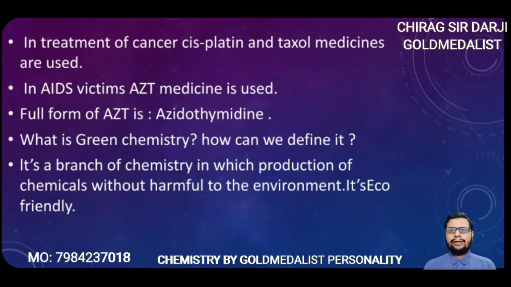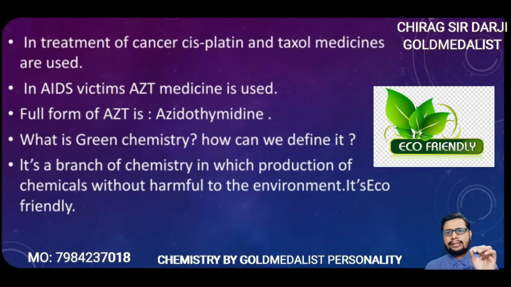Now next point is green chemistry. What is green chemistry? It is a branch of chemistry in which chemicals are studied or produced without harm to the environment. So it is known as green chemistry. Green chemistry is eco-friendly, meaning whatever production of chemicals we do, it is not harmful to the environment.